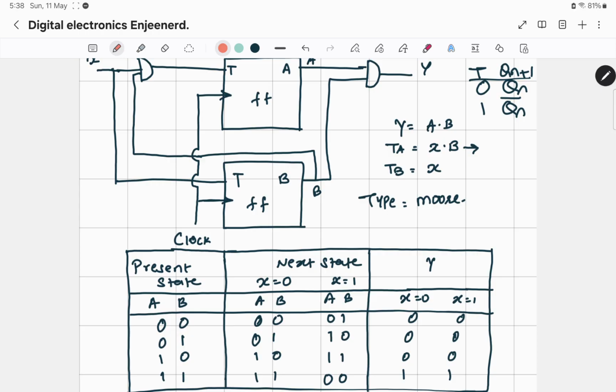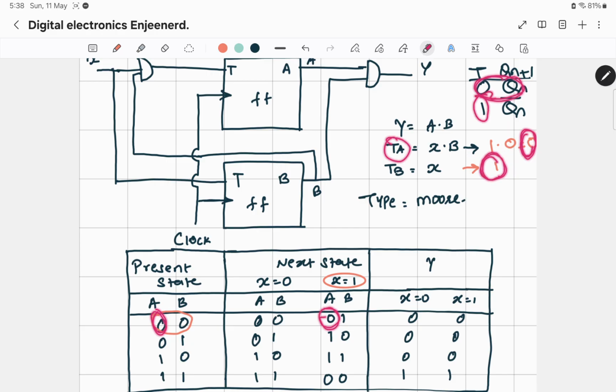Let's do the second one. For 0 0 and X equal to 1, what is my new A and B? So X is 1 now, B is 0. For TA, my input is 0, so my A will remain in the previous state. A was 0, A will remain 0, but my TB input is now 1.